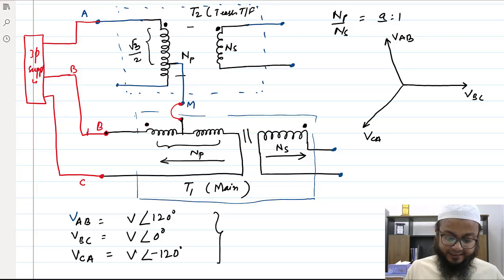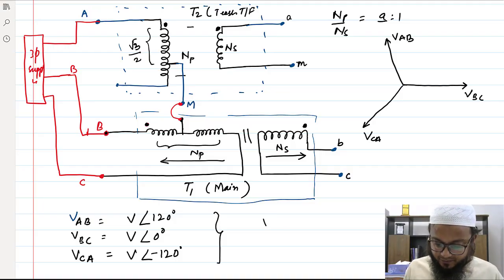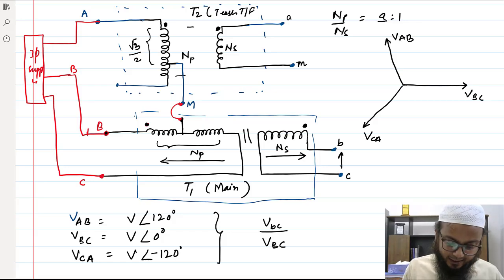Okay, so let's say the voltage here is VBC. Let's say these terminals are B and C here, and this terminal is A and M here. So what about the secondary voltages here? The secondary voltage VBC is on this side and capital VBC is this side, right?